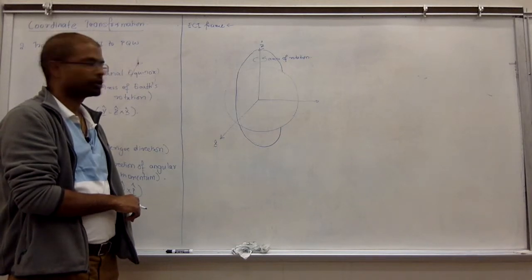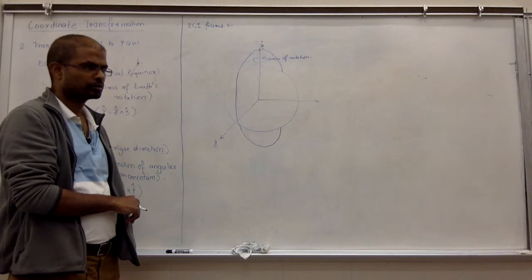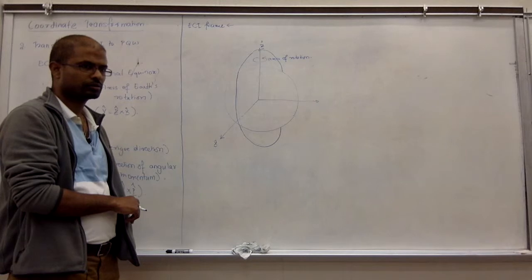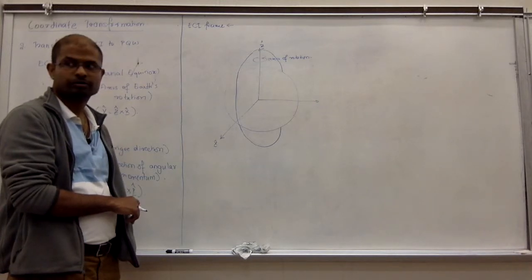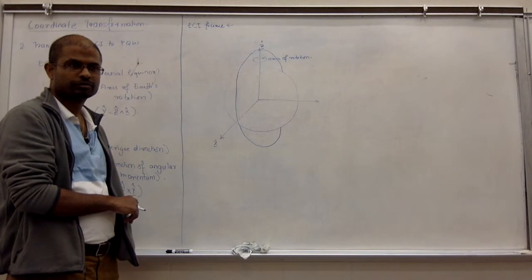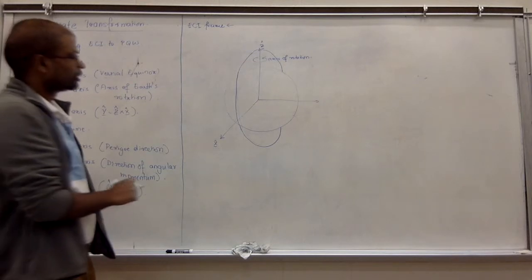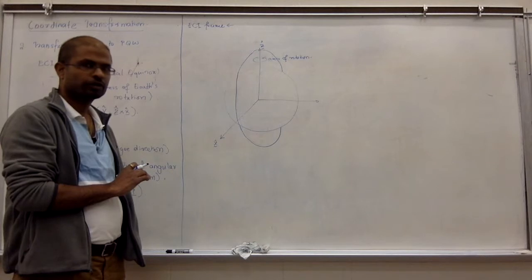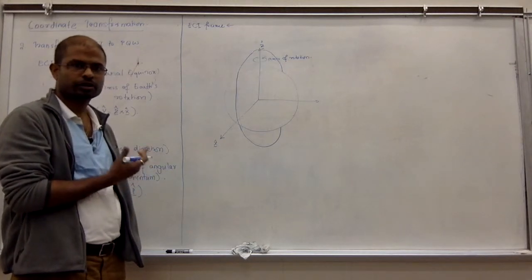Now, what is the inclination here? Zero. See, that's what you're saying. You're really not doing your homework. It should be very easy. What is the inclination?